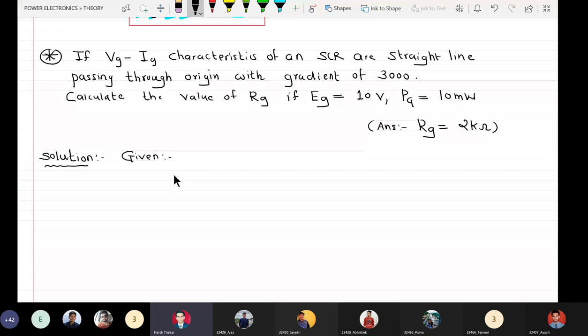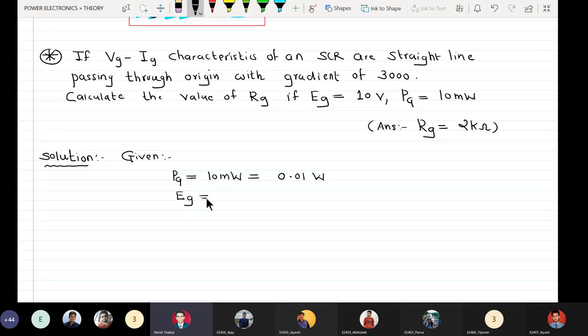So given gate dissipation is 10 milliwatts, which is equal to 0.01 watt. Eg equal to 10 volt.